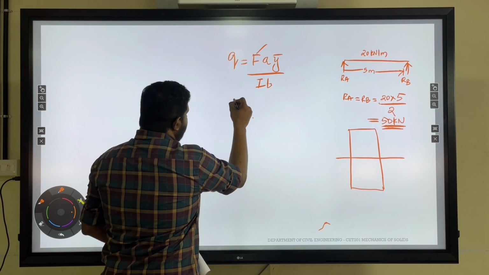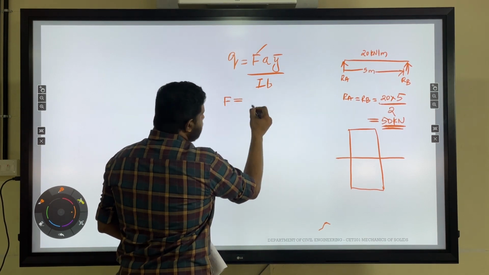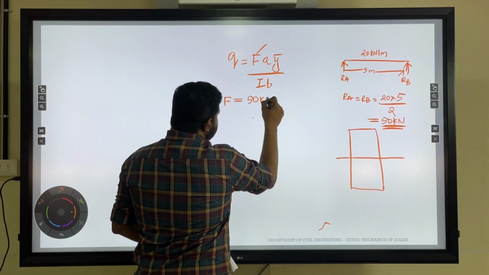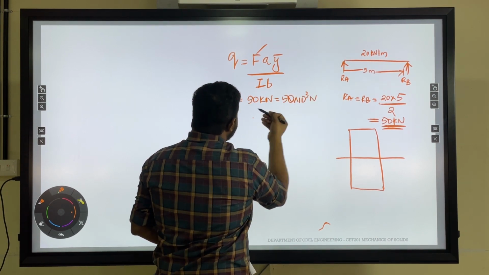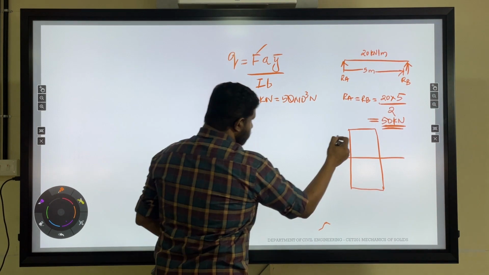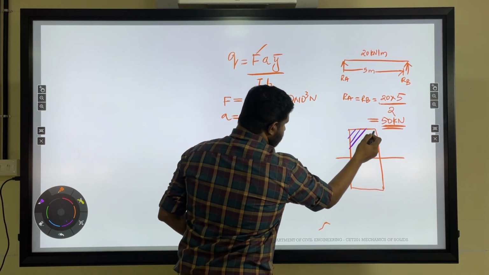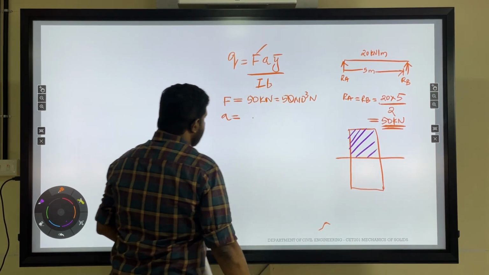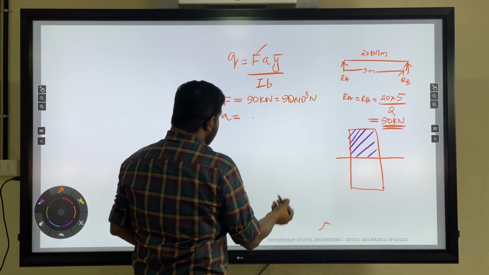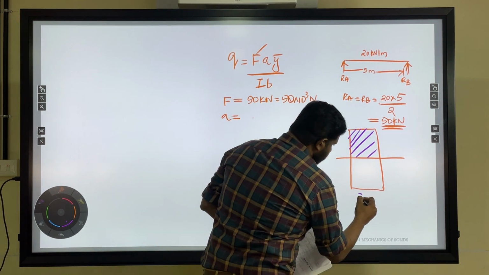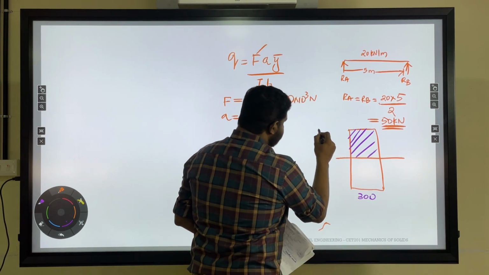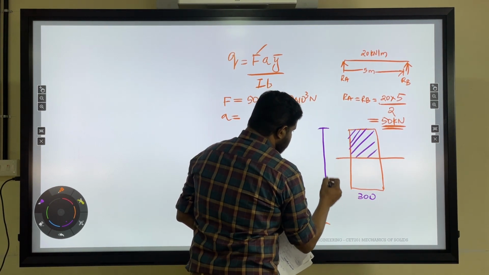Okay, for that we have the value for F. F is 50 kilonewton, that is 50 into 10 raised to 3 Newton. Then the area of the section above the neutral axis. This is the cross section of the beam, this is 300, this is 450.